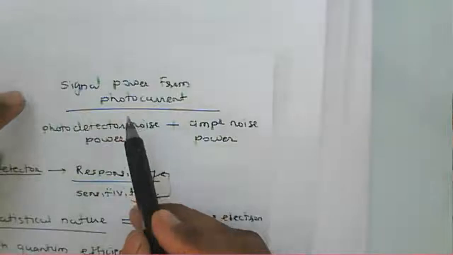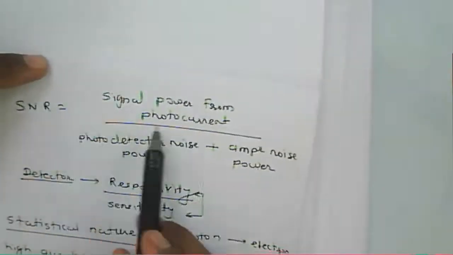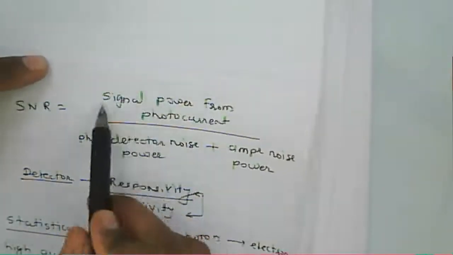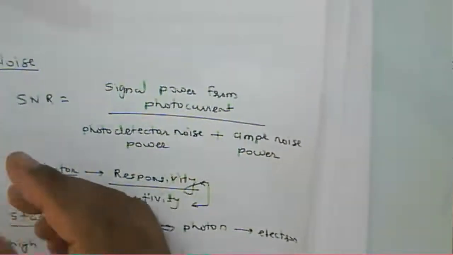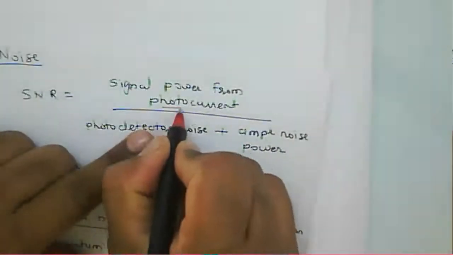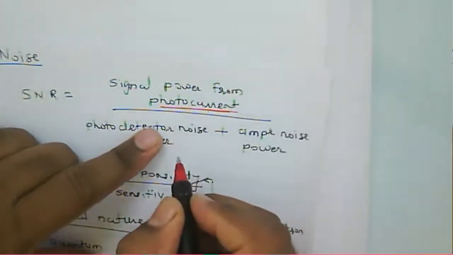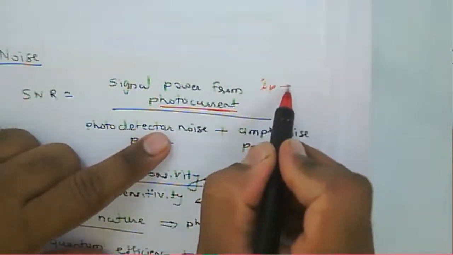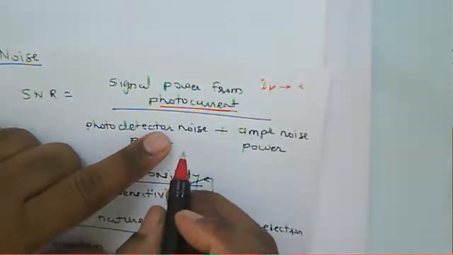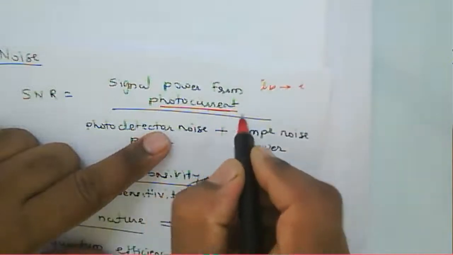Now if you see here the equation, signal to noise ratio. Signal power from the photocurrent means photocurrent. How is this photocurrent IP generated? Because of the electrons. Electrons will flow through this detector.